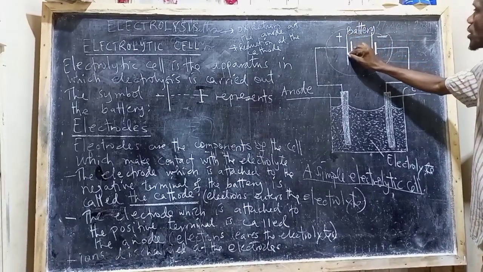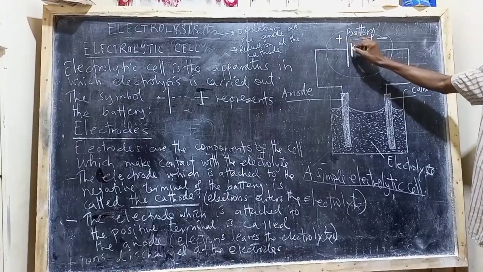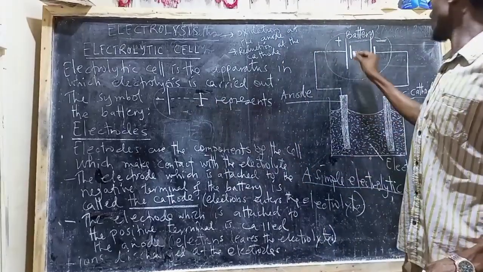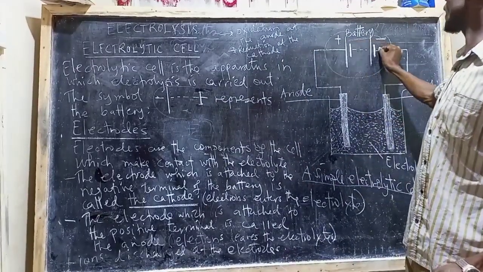The longer one represents the positive terminal, and the shorter, thicker one represents the negative terminal. So the symbol represents the battery, which has the positive terminal and the negative terminal.